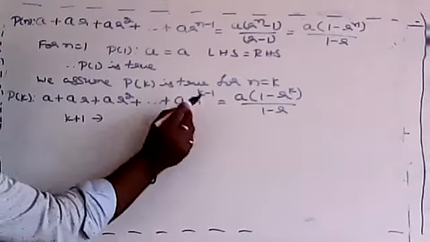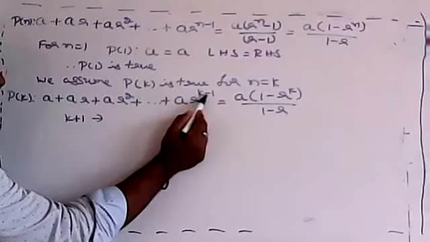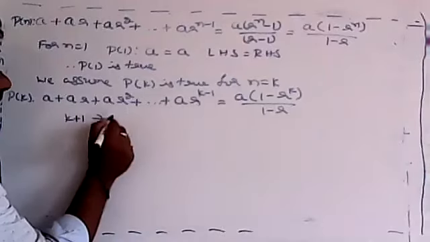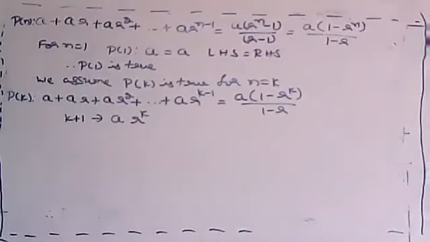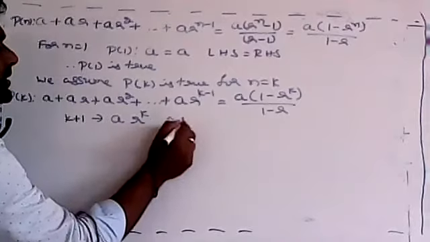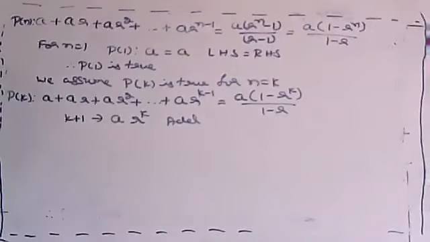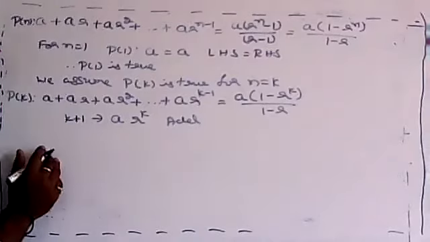Yes, nice. Just put K plus 1 in the place of K, then plus 1 minus 1 get cancelled. That is A into R to the power of K. So we have to add this one on both sides. So what will we get then?